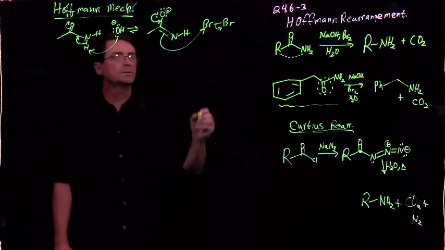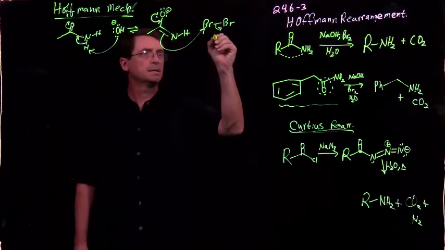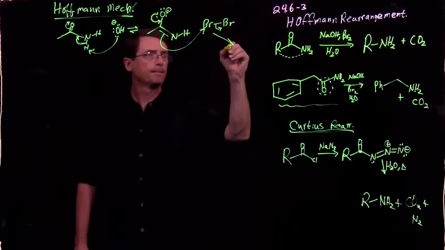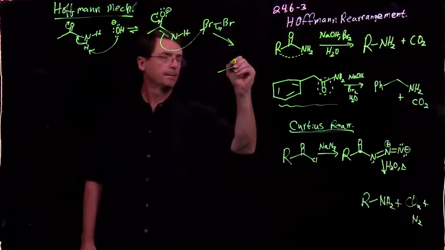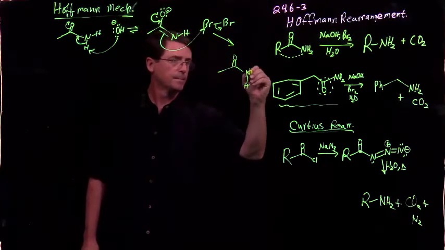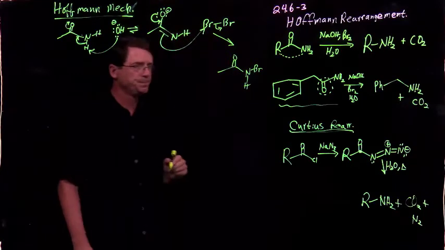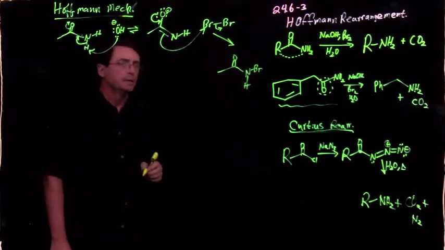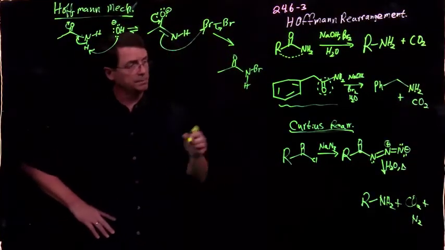So we can make those nitrogen-bromine bonds pretty easily. Now we have an acidic proton again.